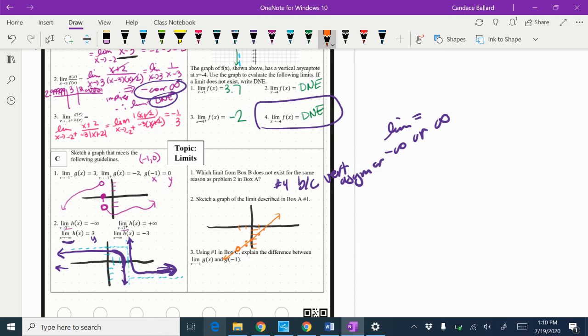And using number 1 in box C, explain the difference between the limit as x approaches -1 of g of x and g of -1. All right, so I'm going to give my best shot at this.